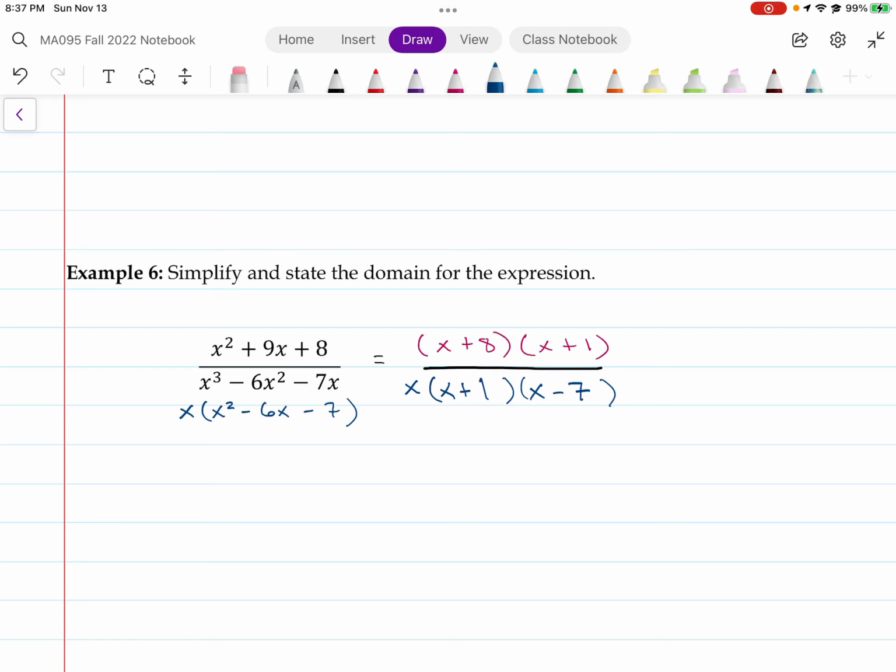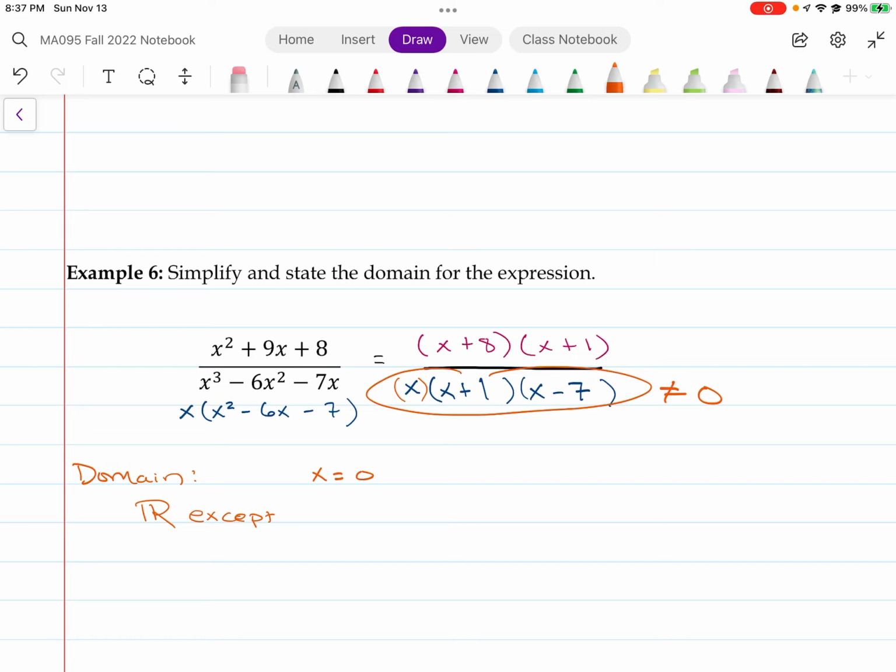All right, so let's see what our domain is here. So the domain is going to be all real numbers except, all right, so now there's 3 factors. Don't forget that there's an x factor as well. So we have where x equals 0, because this whole thing can't equal 0. And because we're looking at factors, we have to look at each separate factor.